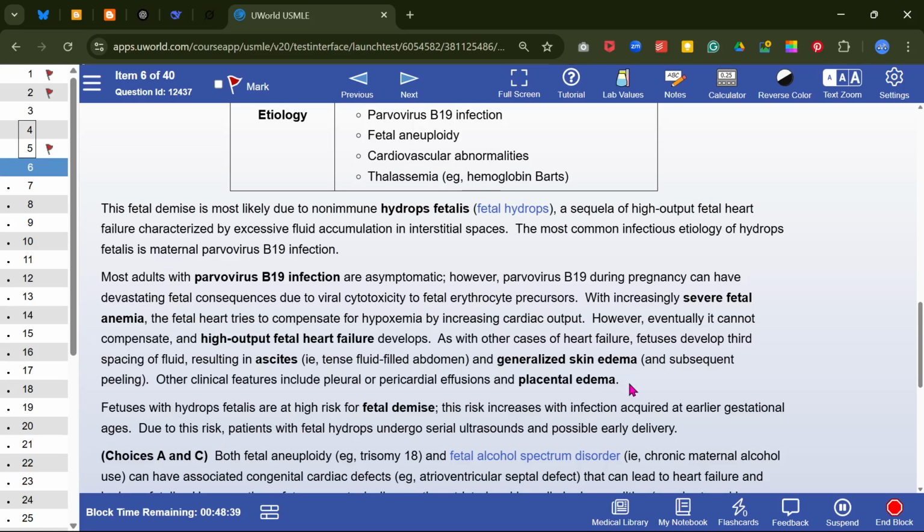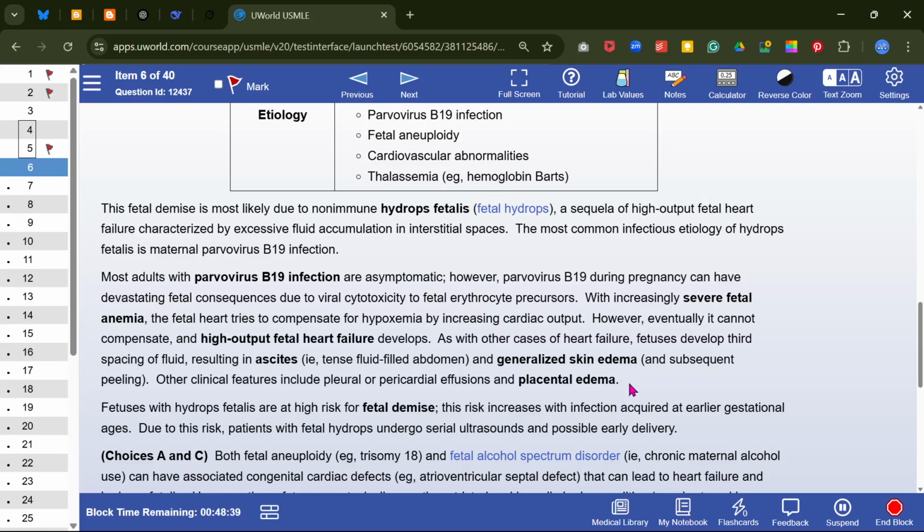Other clinical features include pleural or pericardial effusion and placental edema. Fetuses with hydrops are at high risk for fetal demise. This risk increases with infection acquired at earlier gestational age. Due to this risk, patients with hydrops undergo serial ultrasounds and possible early delivery.